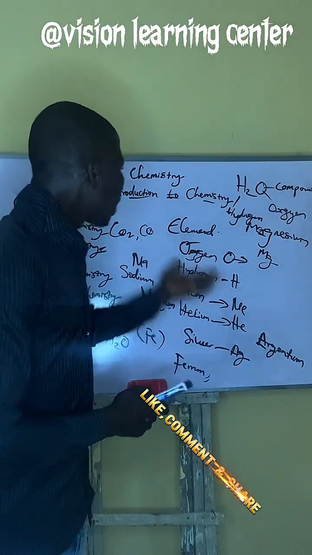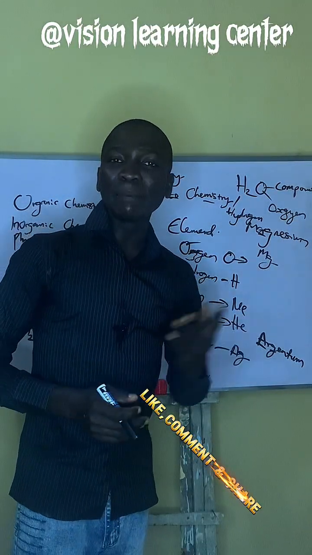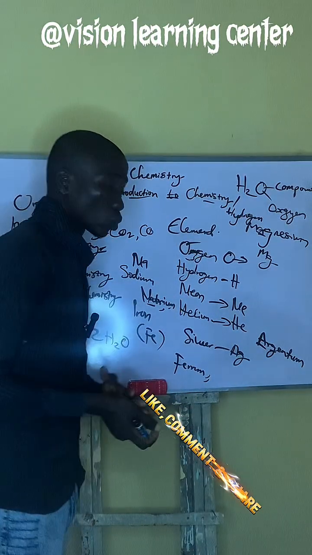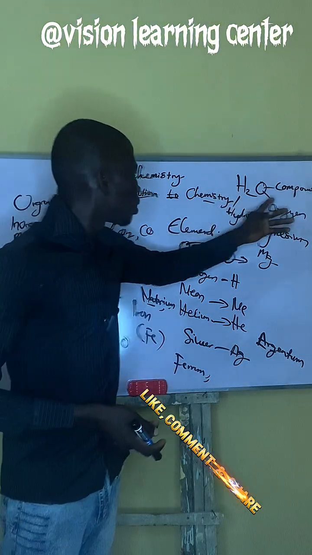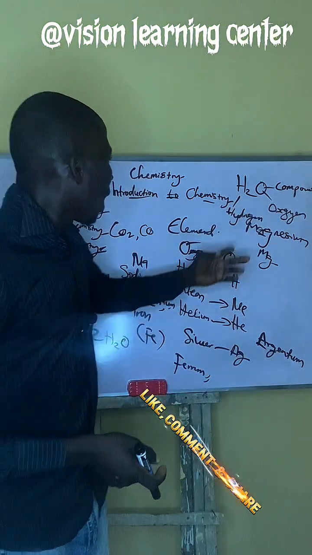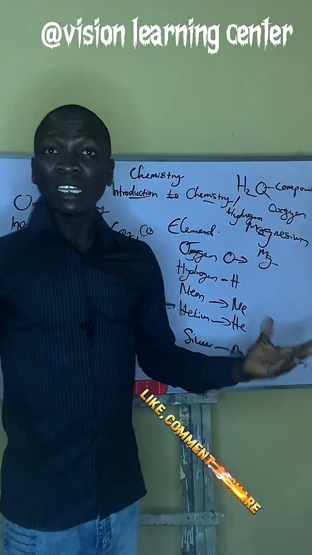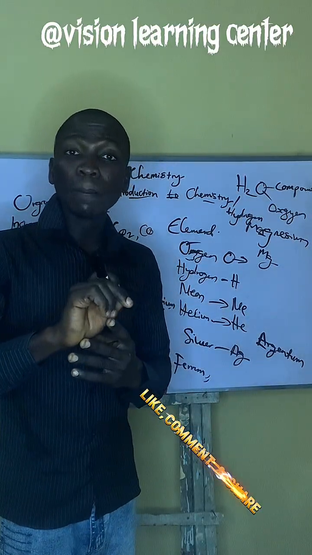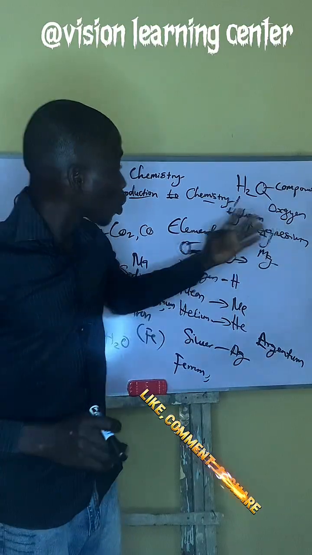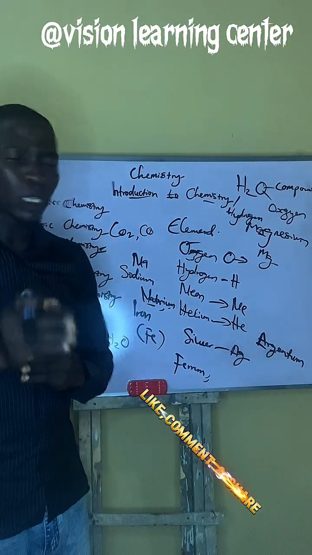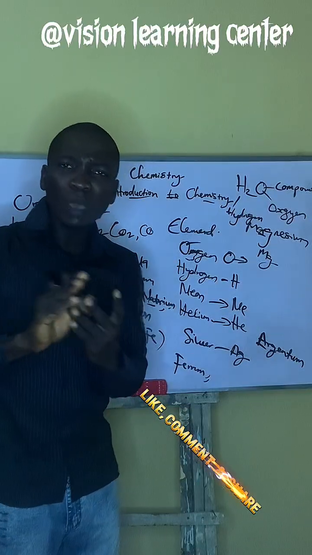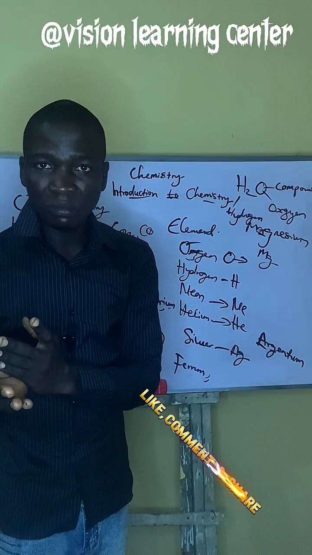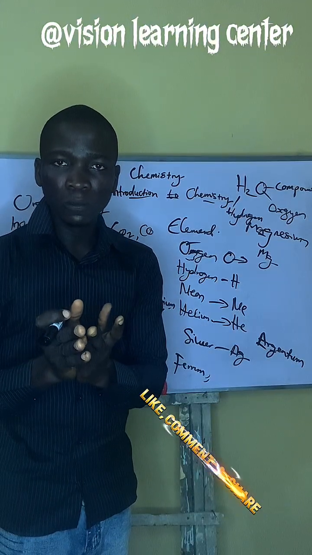Then let's go over to the next matter in natural occurrence, which is mixture. One difference between mixture and compound is that a compound cannot be separated by a physical method, but a mixture can be separated by a physical method. A compound is a combination of two elements, while a mixture is a combination of two substances. Are you getting me?